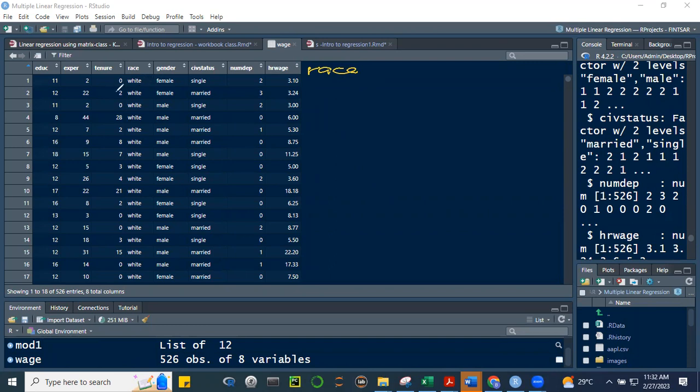Okay. Sino yung benchmark natin dito? Si non-white, di ba? Kasi si non-white yung alphabetically mauuna kaysa kay white. So, lahat ng white gagawin niyang 1, 1, 1, 1, 1. Panay 1 dito lahat, kasi panay white yan.